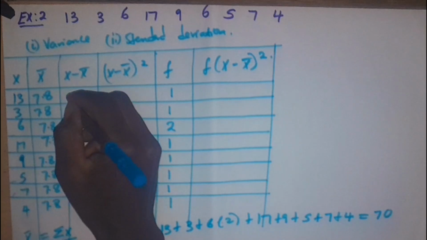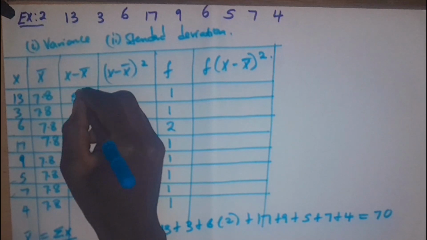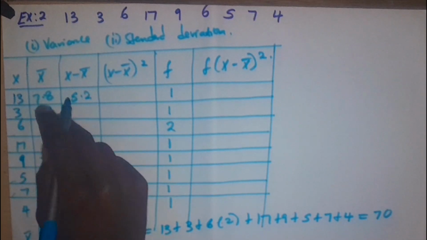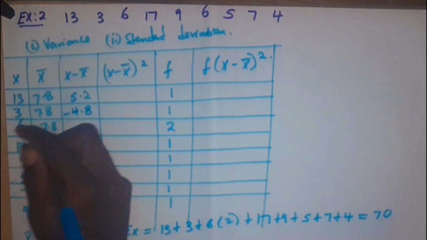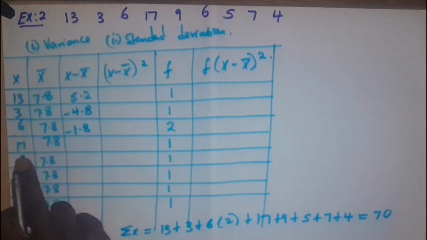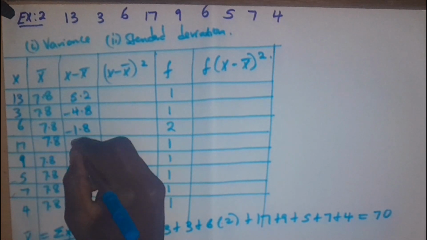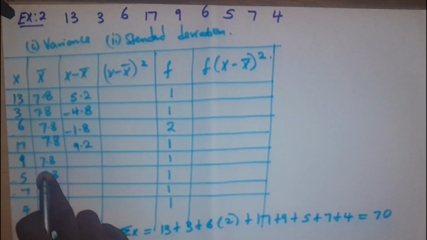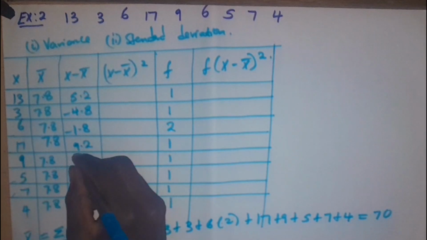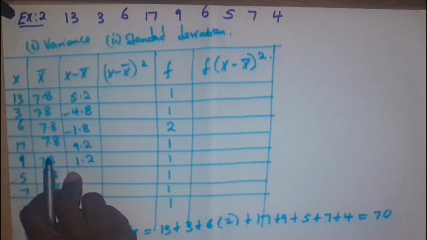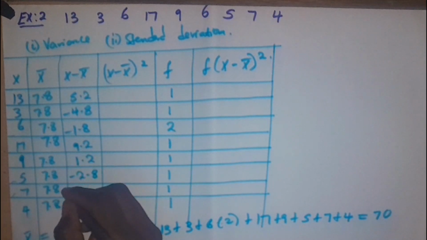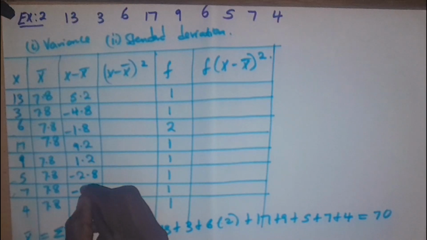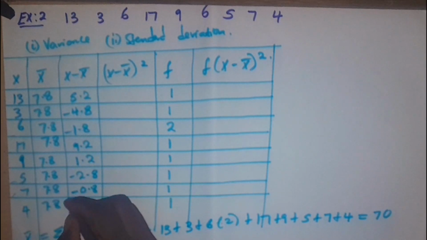So 13 minus 7.8 is 5.2. 3 minus 7.8 is negative 4.8. 6 minus 7.8 is negative 1.8. 17 minus 7.8 is 9.2. 9 minus 7.8 is 1.2. 5 minus 7.8 is negative 2.8. 7 minus 7.8 is negative 0.8. And 4 minus 7.8 is negative 3.8.